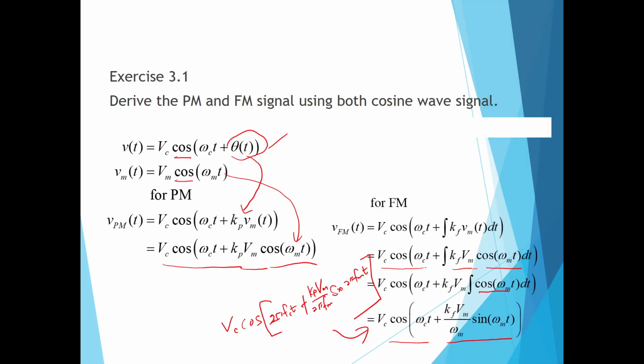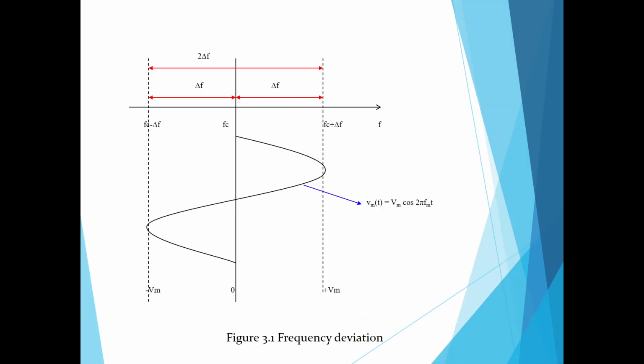Okay, so up to here, and then what? For FM, this is for the frequency. You see that for FM and PM, during the process the frequency and phase will change in accordance with the amplitude variation of the input.